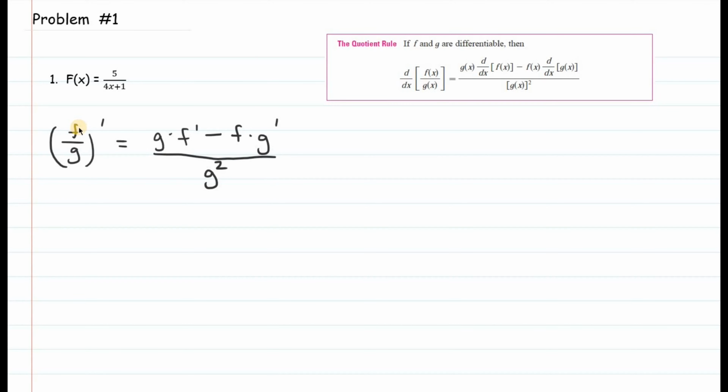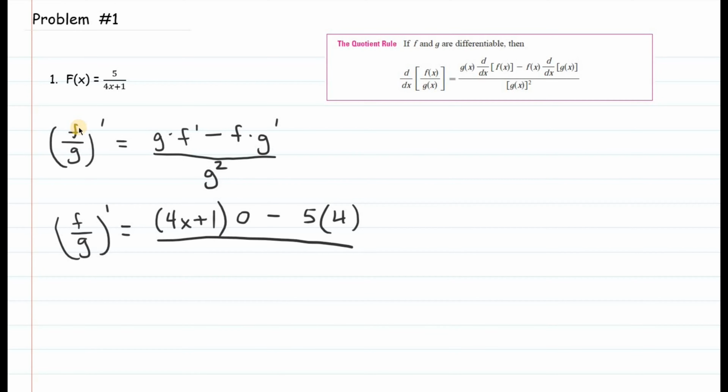over g squared. So this will give you the function g, which is 4x plus 1, times the derivative of function f, which is just 0, minus function f, which is just 5, times function g prime, so this would just give you 4, over function g squared, so 4x plus 1 squared.